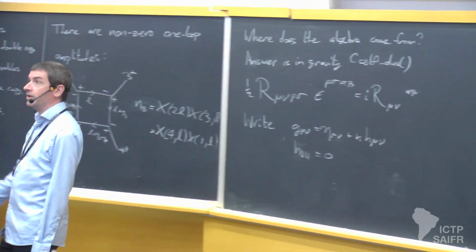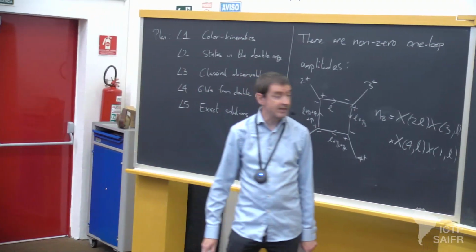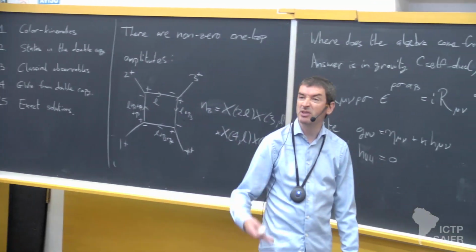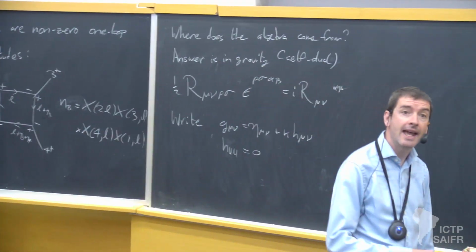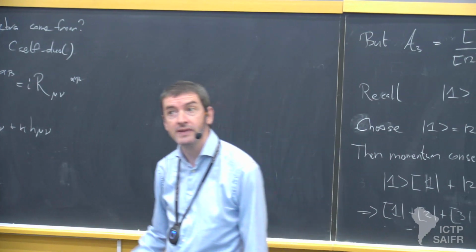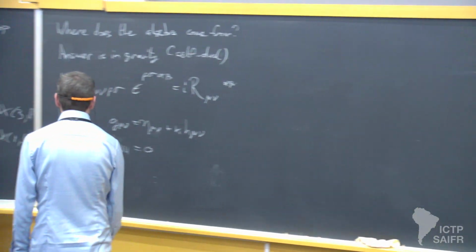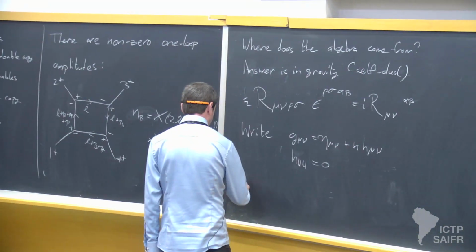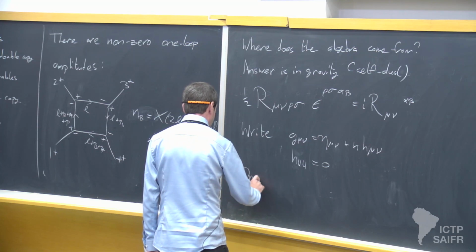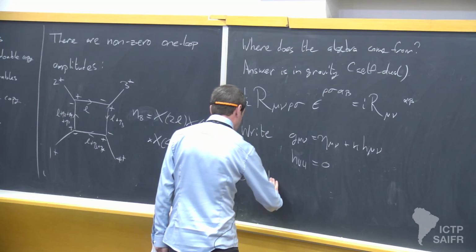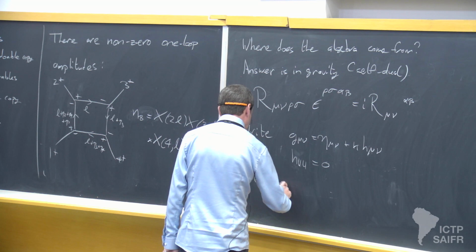You find that you can write the remaining degrees of freedom in terms of a prepotential, something you differentiate to get the h. You have to differentiate it twice. It was once in Yang-Mills theory. And you finally find an equation of motion. So there's one degree of freedom, one scalar field left.